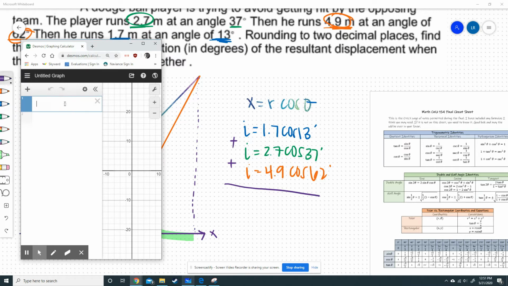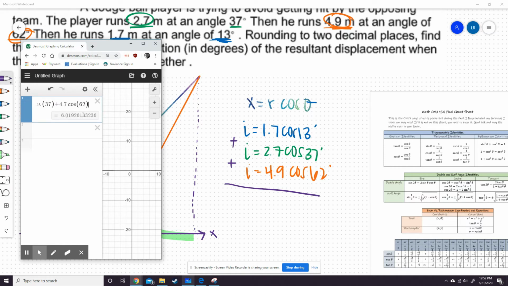So our total horizontal component is going to be 1.7 times cosine of 13. I want to make sure that this is in degree mode. I did change it to degree. Plus 2.7 times cosine of 37 plus 4.9 times cosine of 62.